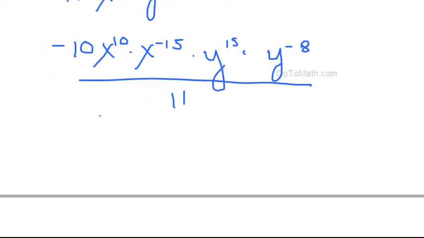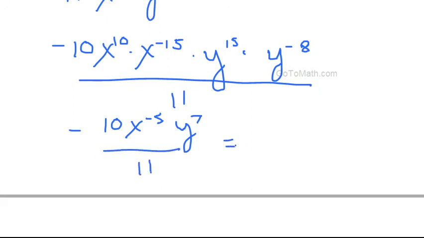So we add the exponents. We have negative 10x. We've got 10 minus 15, that's negative 5. And then 15 minus 8 is 7. And of course we still have that 11 down here. We're going to leave the y up here, it's got a positive exponent.